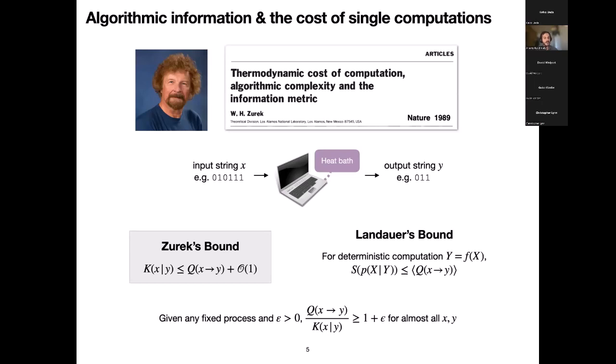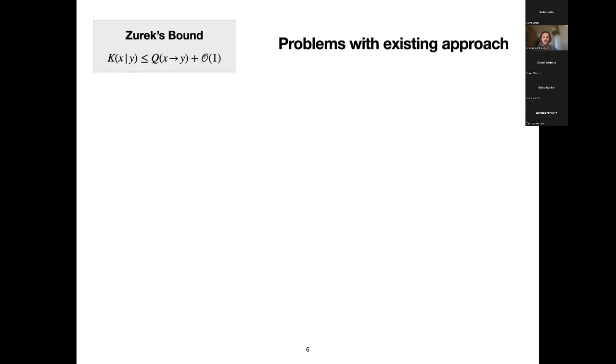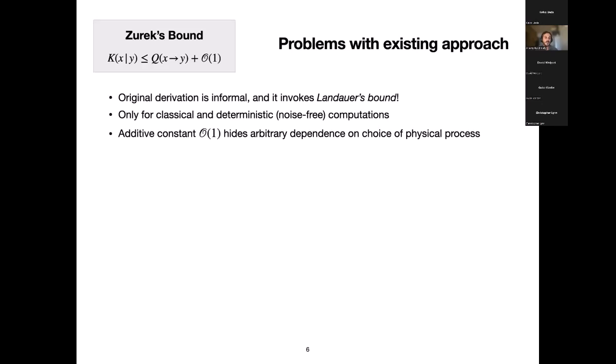Now, there's a few serious issues with Zurek's result, unfortunately, and I'll summarize just a few of them. So maybe the most serious one is that the derivation is highly informal, to say the least. And I think if you read it from the point of view of modern non-equilibrium thermodynamics, remember this was in the 80s, this was far before stochastic thermodynamics, it's kind of hard to make sense of it.